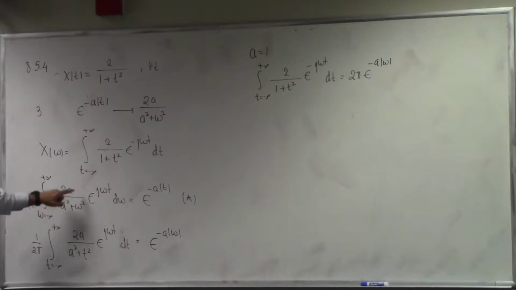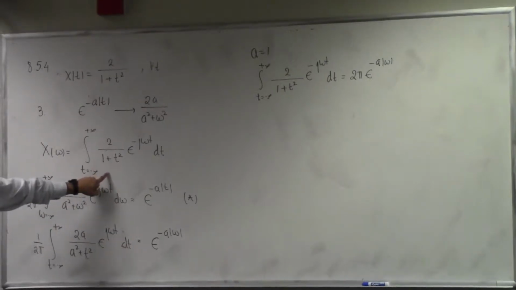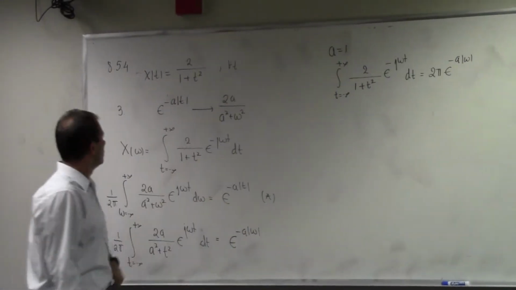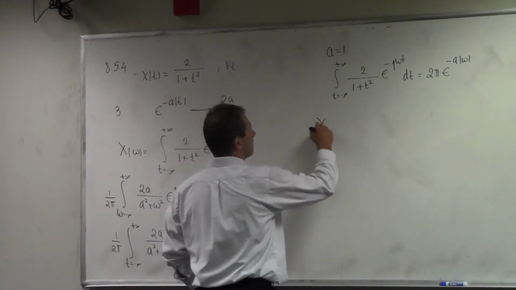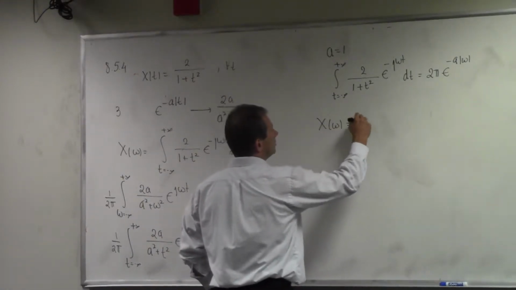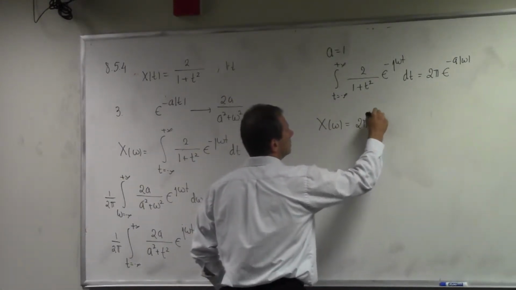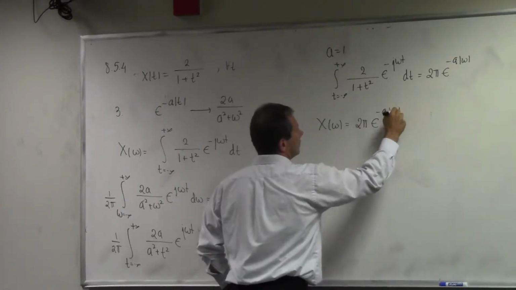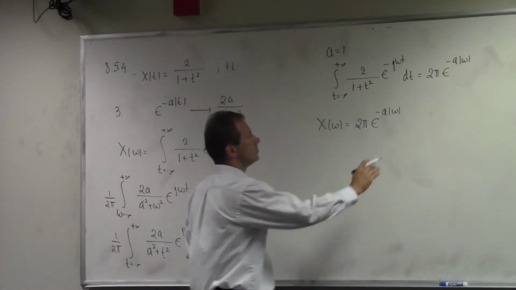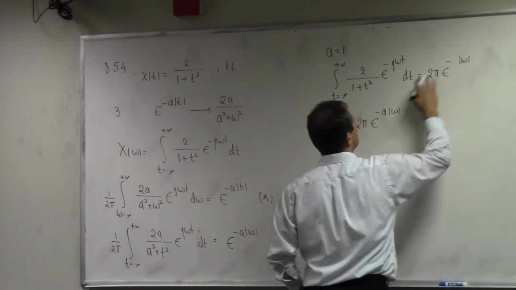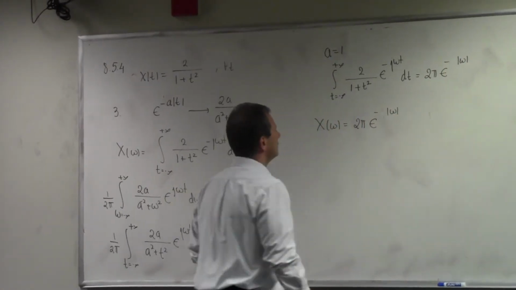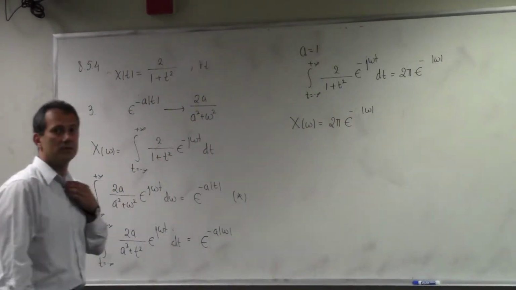And that's exactly what I need to determine here, right? So my X of omega is equal to 2 pi e to the minus magnitude omega, where a is 1. So that's the Fourier transform of this signal.